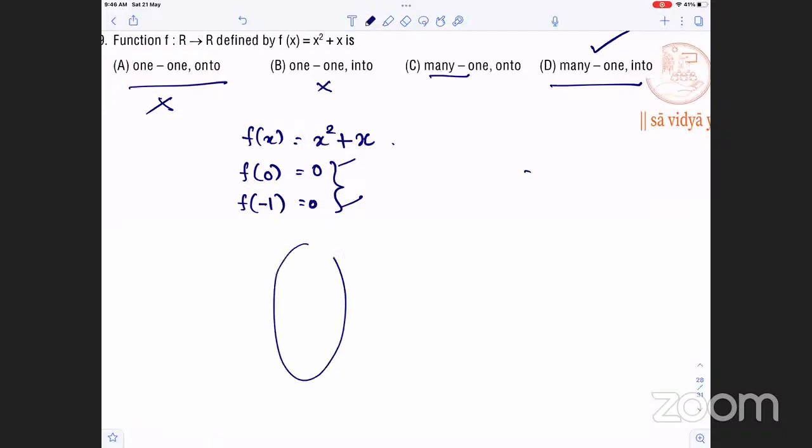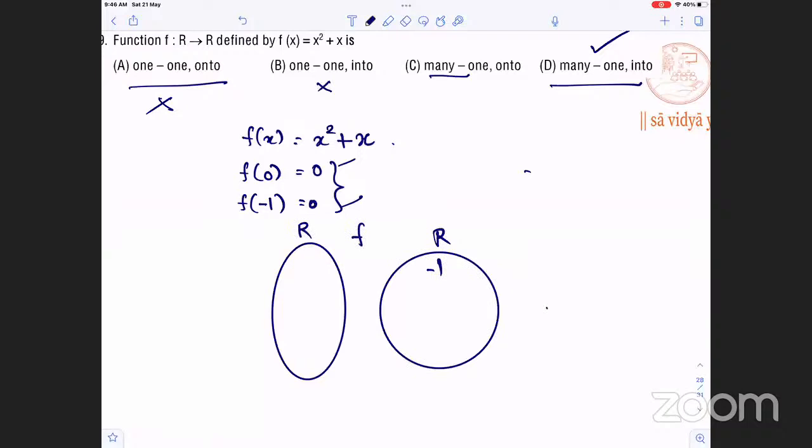See, f is a function from R to R, there is minus 1. There is no number which is associated to minus 1 here. There are many numbers which may not be having any association, but my observation is this x square plus x, if it is equal to minus 1, then x square plus x plus 1 is equal to 0.